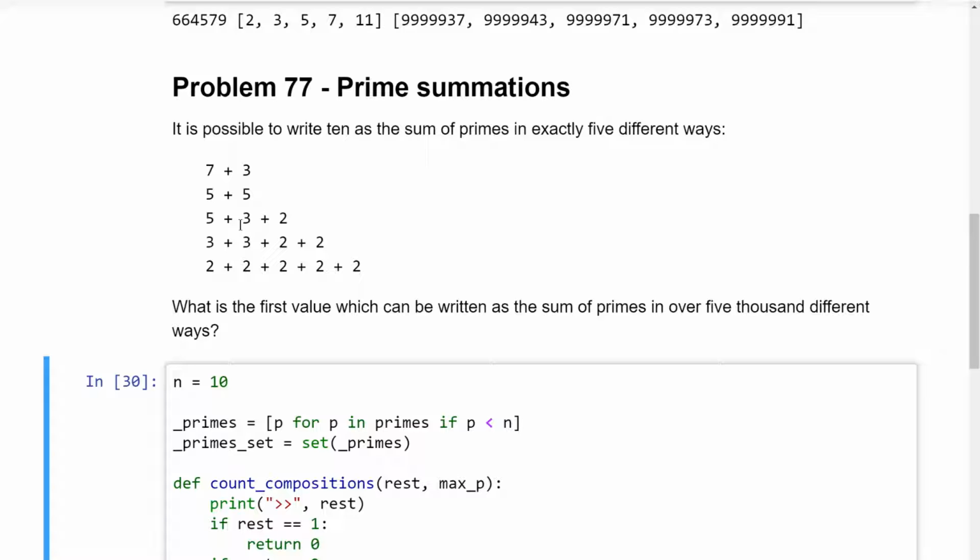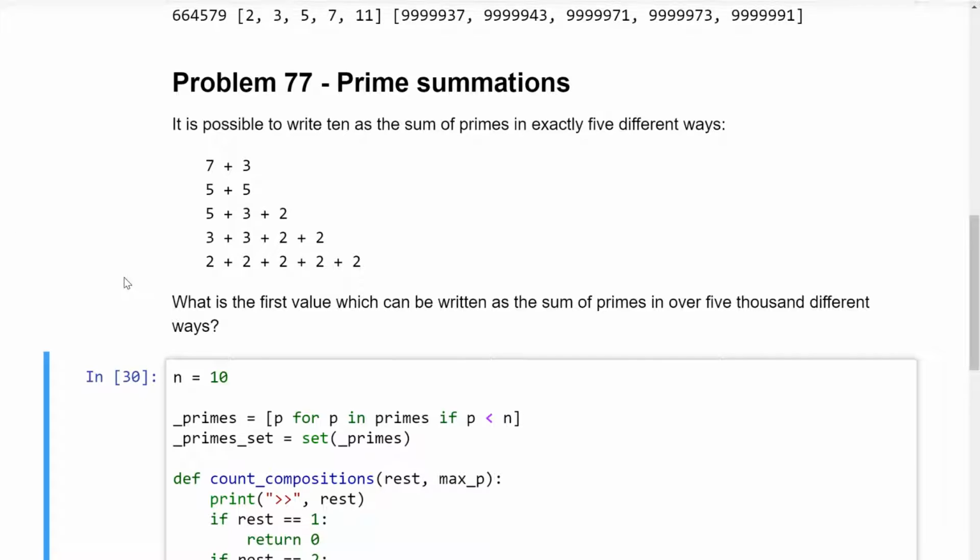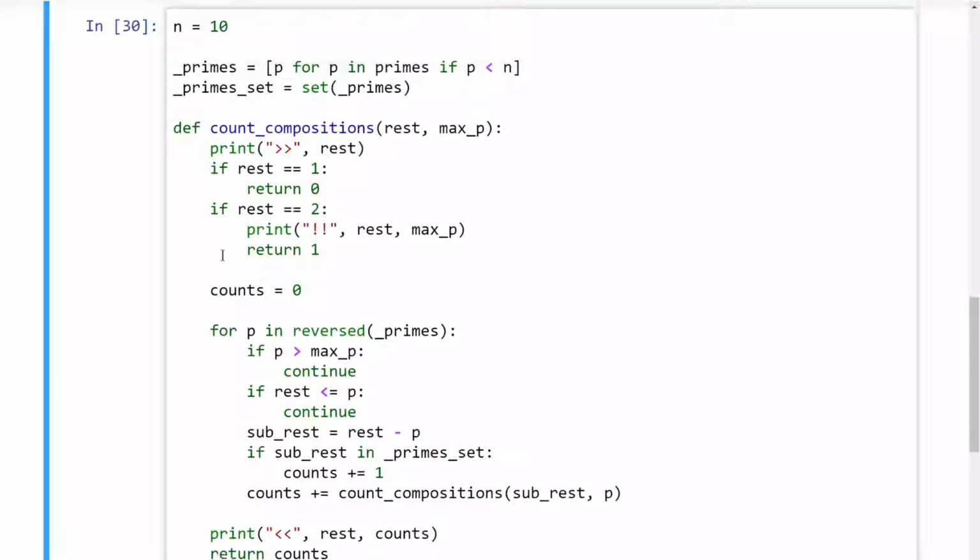I think this approach could be valid after all.